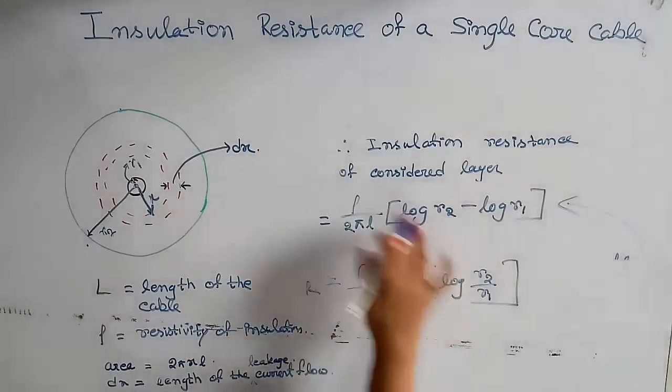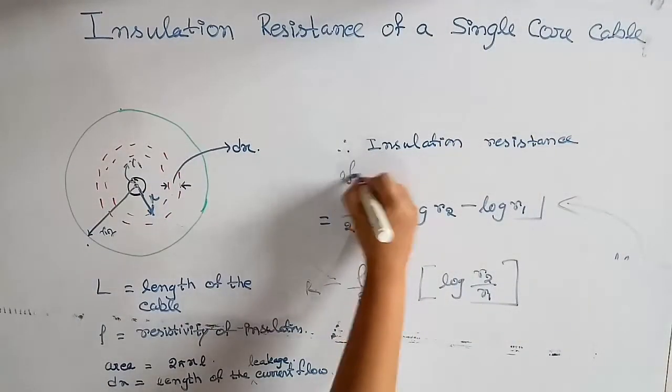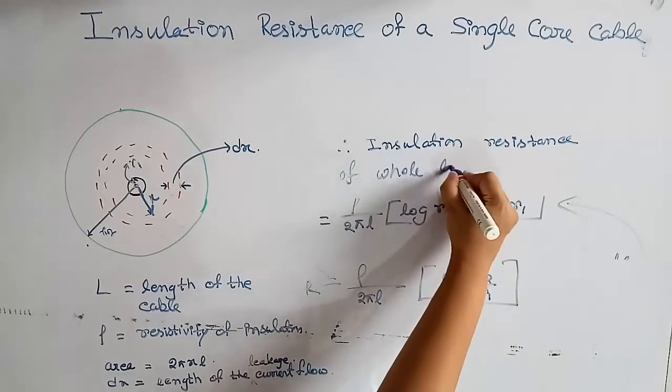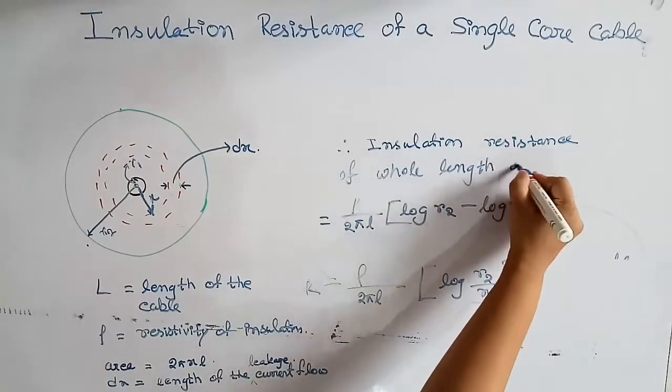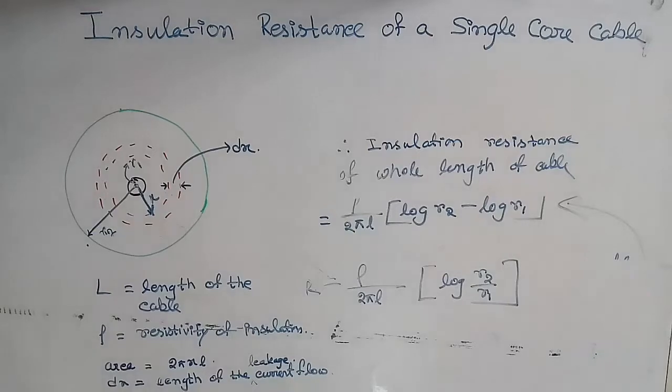This is the insulation resistance of the whole length of the cable. From this expression we conclude that resistance is inversely proportional to length.